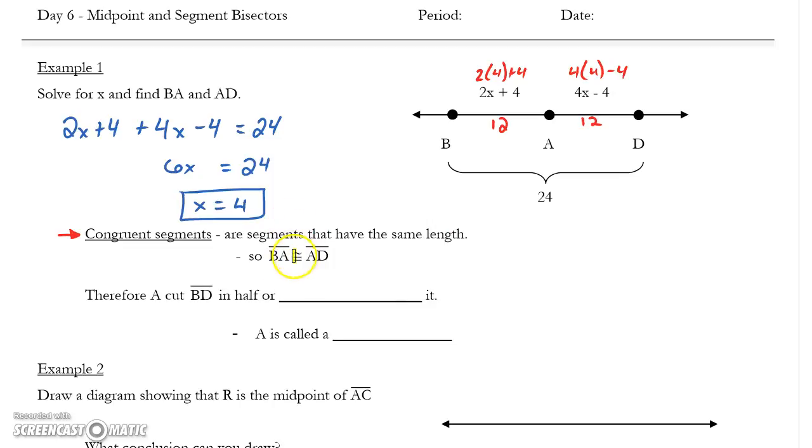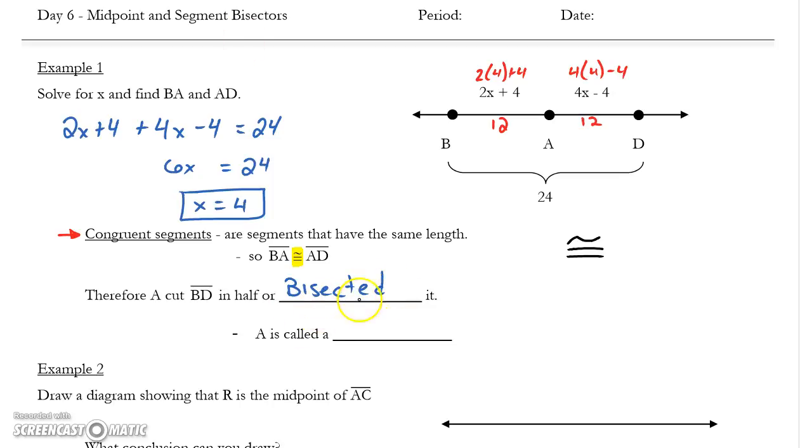This symbol here is the symbol we use to show congruent. It's kind of like an equal sign with a little squiggle above it. We're going to use that symbol quite a bit here during this school year. Because BA and AD are congruent, that point A has cut the whole segment, segment CD, in half, or we say that it bisected that segment.